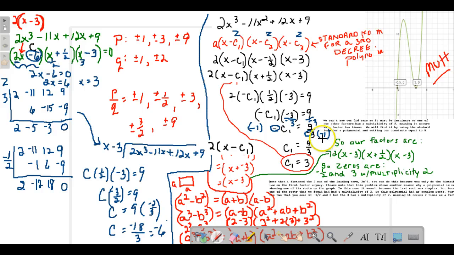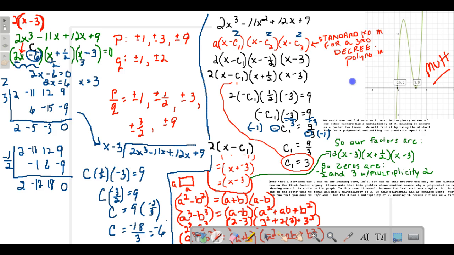So negative 1 times this negative 1 in here is just a positive 1. And so now we have a positive 9/3. So it's the same concept. If you have the same thing on both sides of the equation, you can just cancel them.